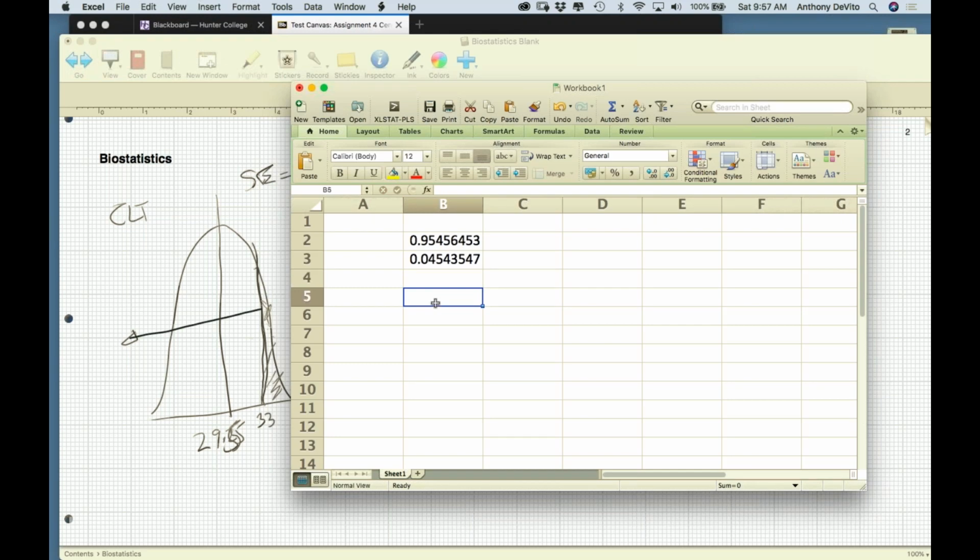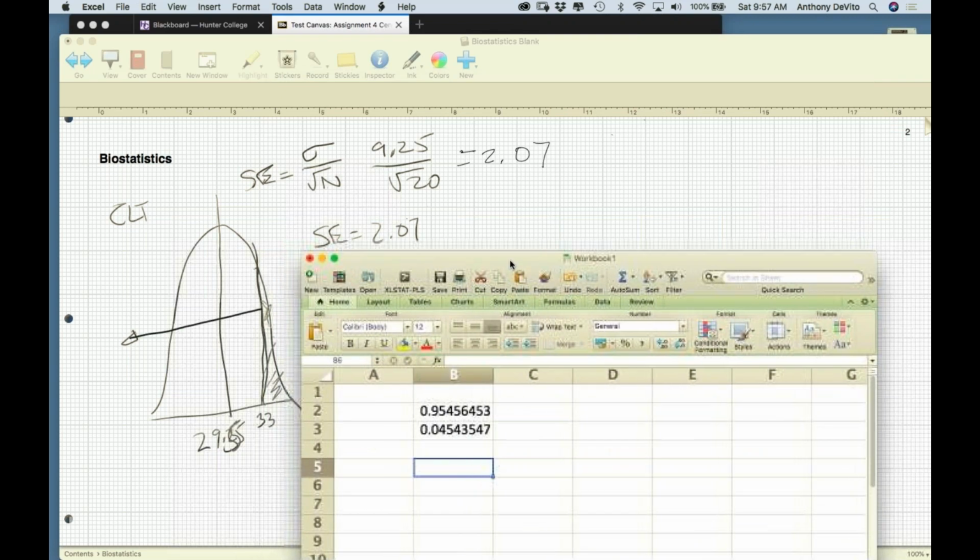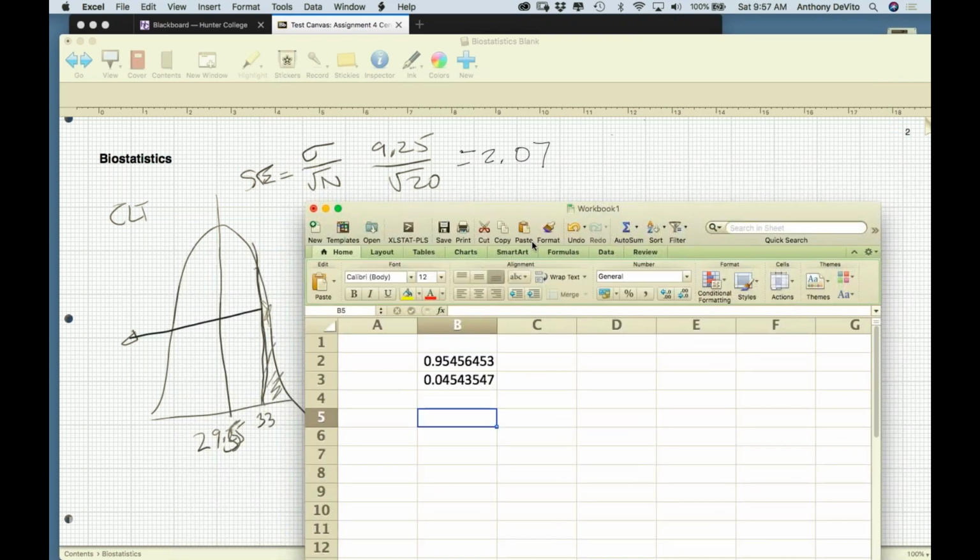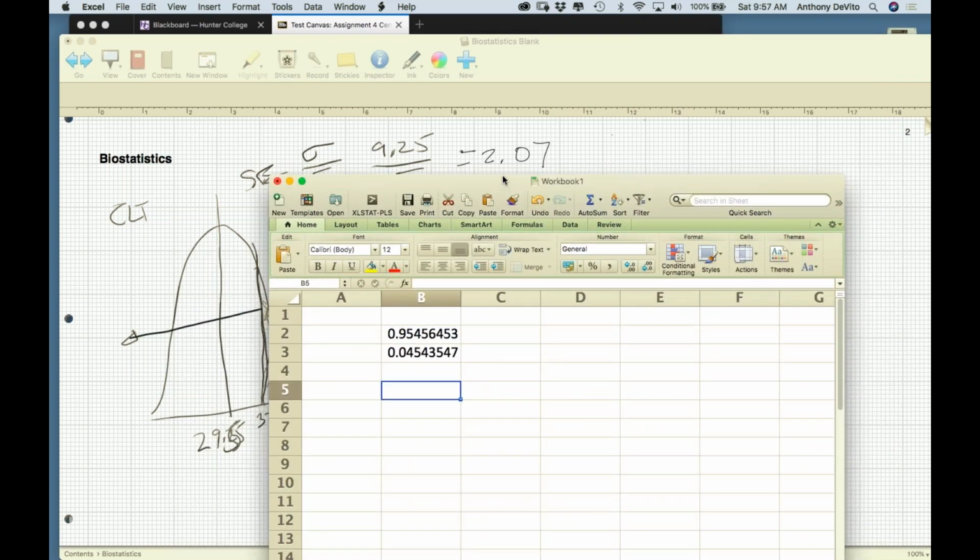The other way I could have done this is to actually calculate the value for z, the z-score for 33. And I'm going to do that here. Okay, so z is going to be equal to x minus the mean over the standard deviation, or standard error in this case, right? I'm going to put parentheses around there just so you remember that you got to resolve the top there before you divide.